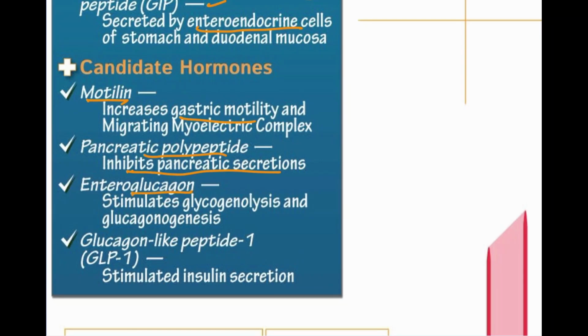What's that? Breakdown of glycogen into what? Glucose. And that gets dumped where? Into the blood. And glucagonogenesis. What are we making? Glucagon. We'll talk about that a little later on when we get to hormones.